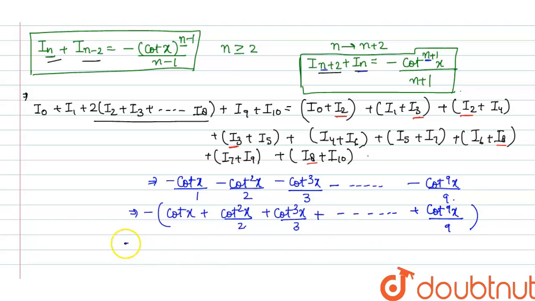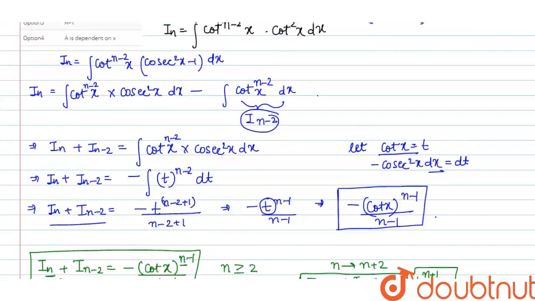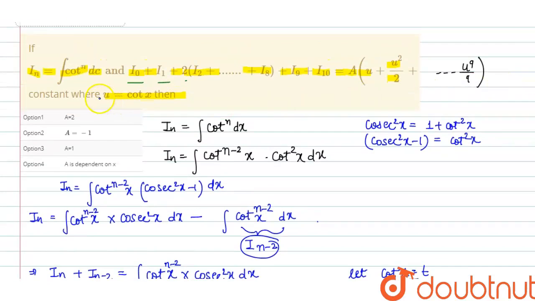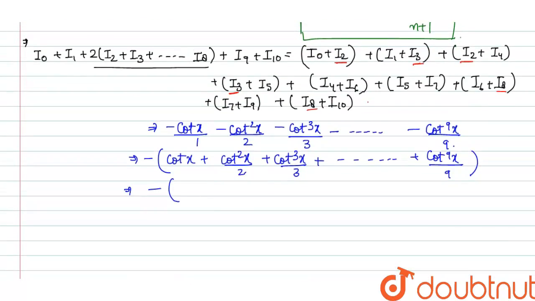So I can write it as minus. Now, in the question the value of u is also given, because u equals cot x, meaning in place of cot x I have to put u. So I can write u plus u square upon 2 plus up to u to the power 9 upon 9.